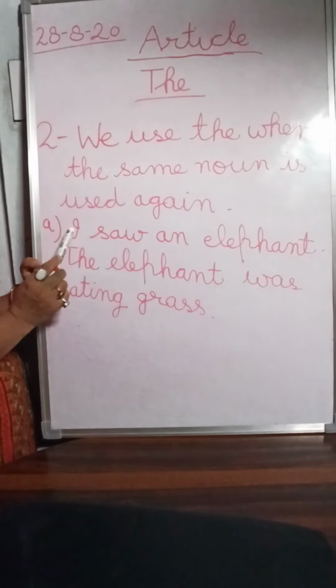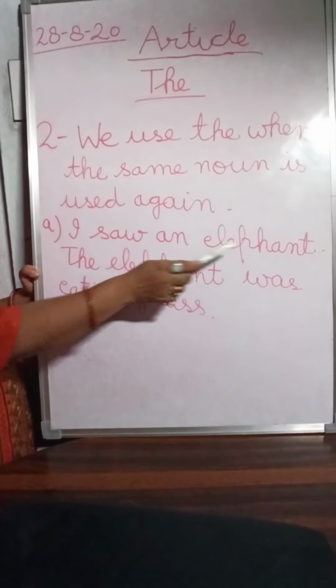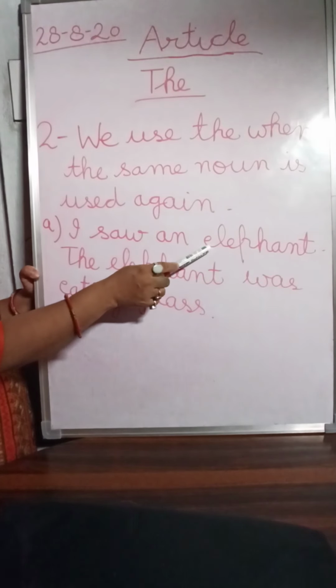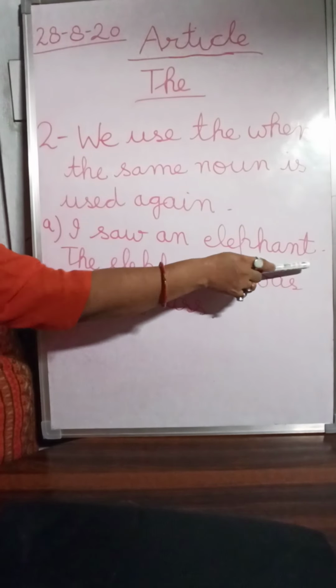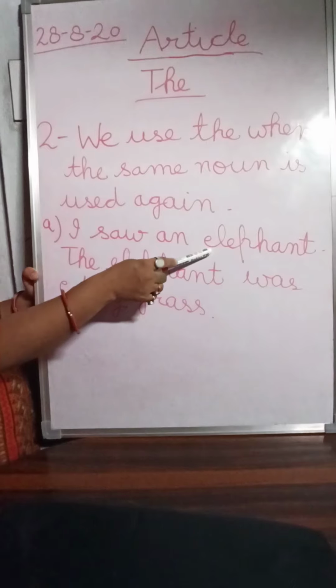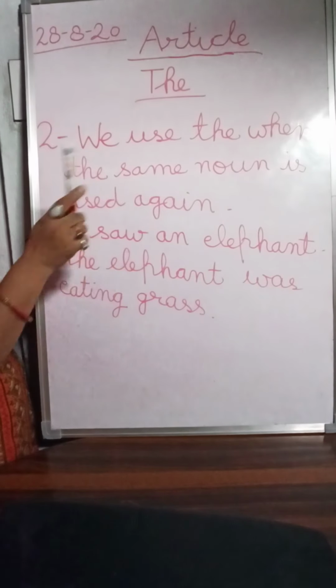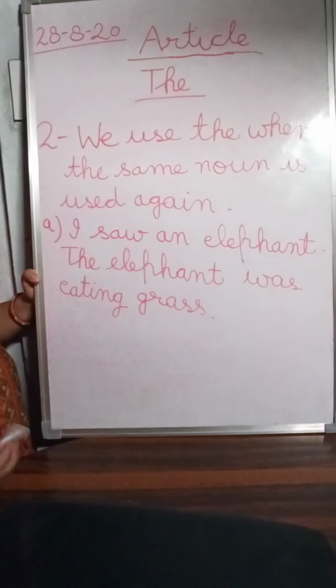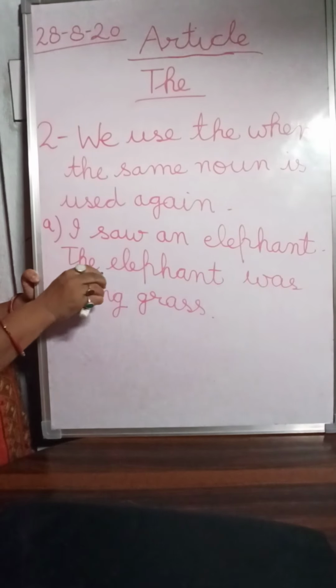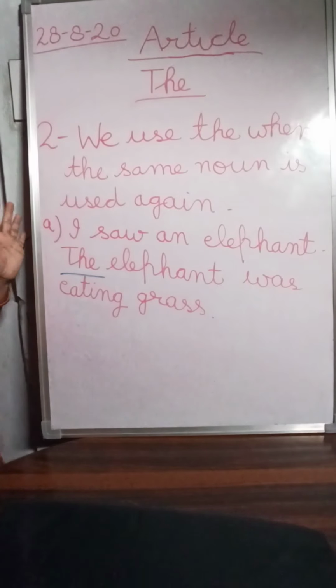In first sentence we will write n before elephant because here e is a vowel, and we know as per the rule if any noun is starting with a vowel sound we will use article n. But here the same noun is repeating again, so we will write the elephant was eating grass. Now you can pause the screen and note down the sentence, or you can take screenshot.